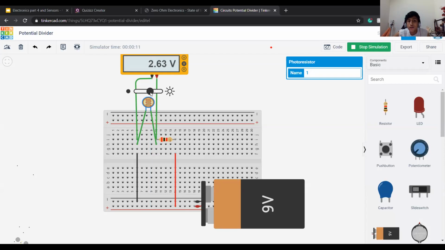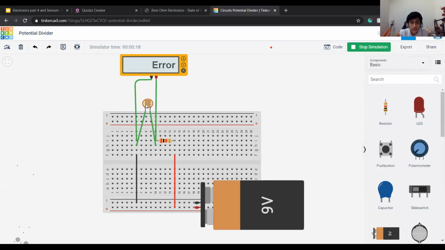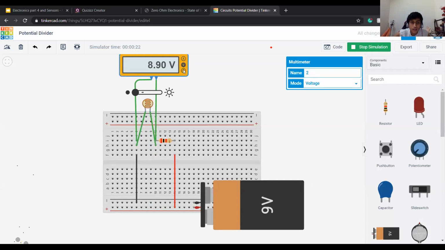You can see the value of voltage across it is changing. Do you all see that? As the amount of light falling on the photoresistor is changing in the voltage dividing circuit, the voltage across the photoresistor is also changing.